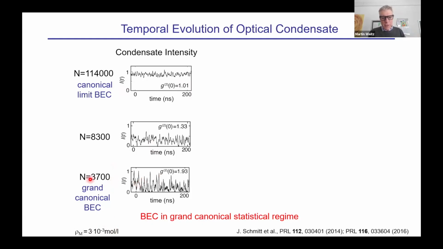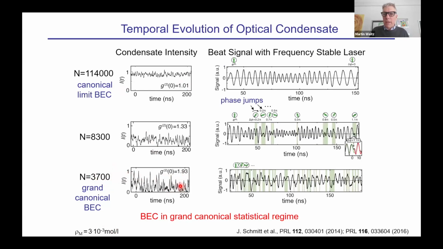And there, at a photon number of, well, 3,700, you see that we get a G2 of 0 of almost 1.93. So we have huge fluctuations which are as large as the average number. And this influences not just the second order correlation, but also the first order correlations. Here you see more and more phase jumps in a beat signal with a frequency stable laser. The background of that is if we get a zero intensity, then the condensate has to restart, and it can restart with a new phase.